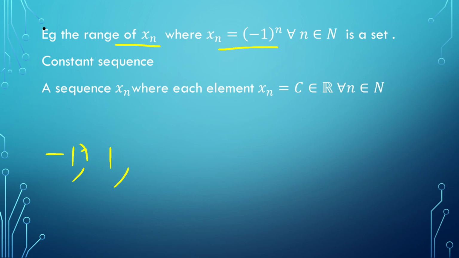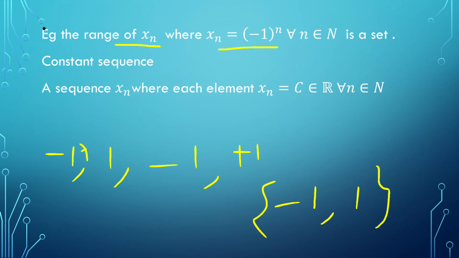If n is 3, then you see we are getting that, and it repeats like that. But we are talking about distinct terms, no repetition. So it will mean that the range of this xn is actually that set.